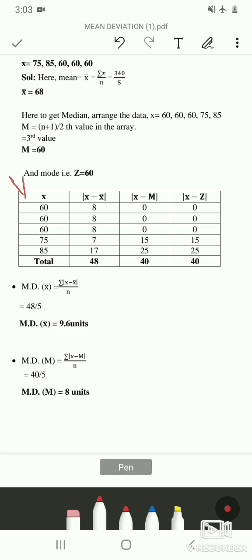In the first column, write the x values, the second column represents the absolute deviation from arithmetic mean, the third column represents absolute deviation from median, and the last column represents absolute deviation from the mode. So this is the data and it has been arranged.